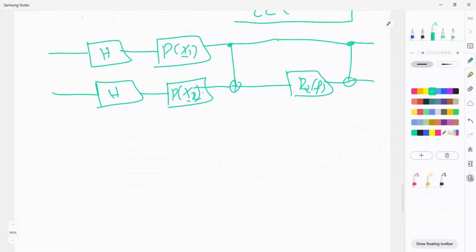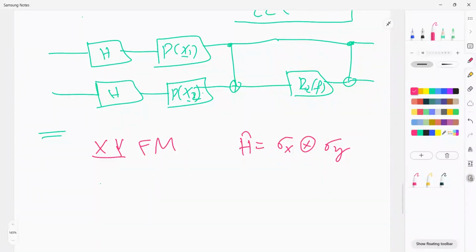All right, now you see how we can come up with ways of constructing feature encoding maps. You can easily see that we can prepare, let's say, an XY feature map as well if we want, because an XY feature map would be where our Hamiltonian is sigma x tensor sigma y, and maybe xz and so on.